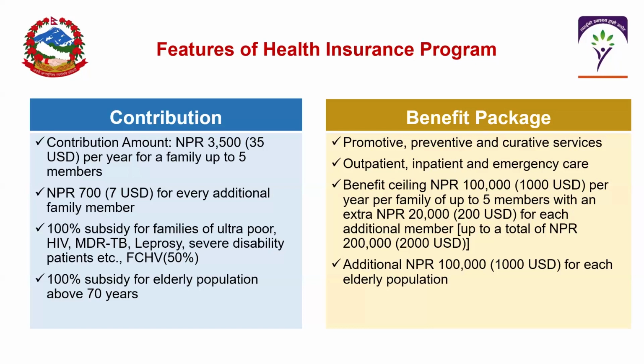The benefit package of these contributed and enrolled insurance covers promotive, preventive, and curative services, including outpatient, inpatient, and emergency care. Benefit sharing starts from 1 lakh Nepali rupees, or 1,000 US dollars, per year per family up to 5 members, with an extra 20,000 Nepali rupees, or 200 US dollars, for each additional member, up to 2 lakh Nepali rupees, approximately 2,000 US dollars.